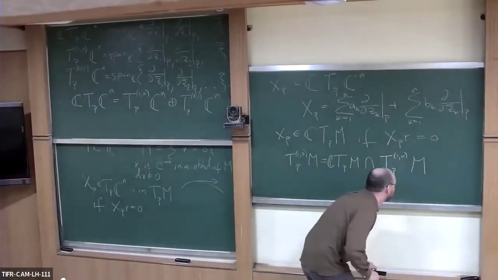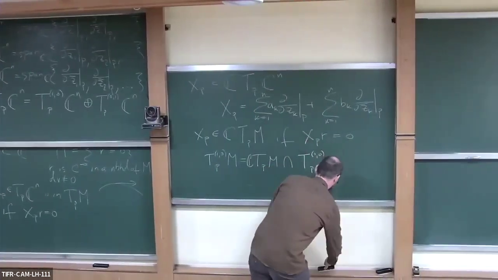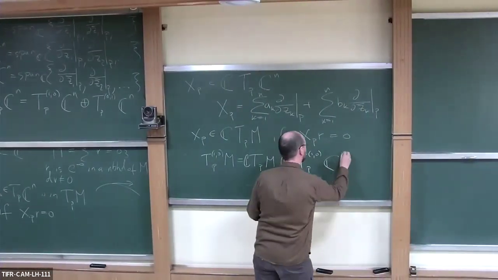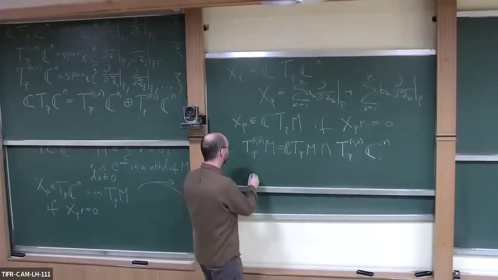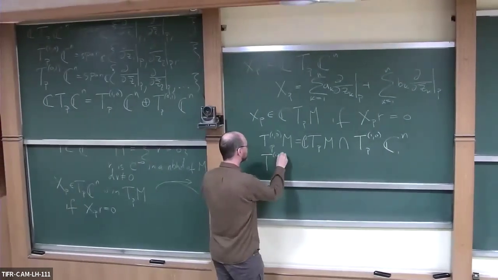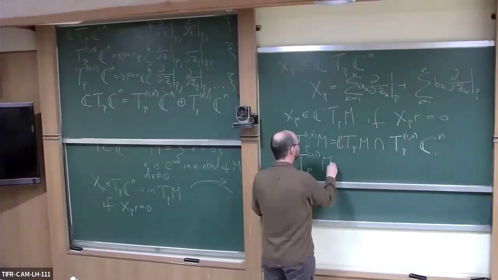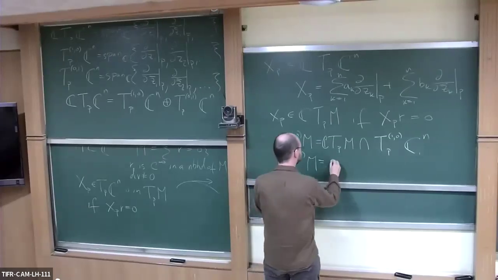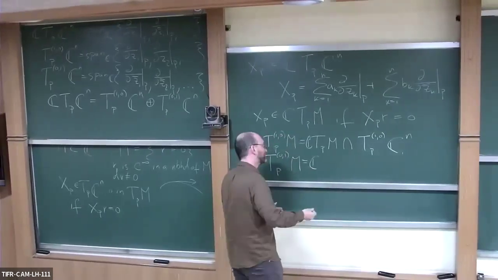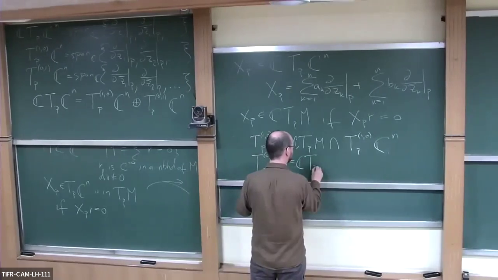And I can do the same thing with the T^{0,1}. Again, everything is always symmetric here, so nothing should be different for the bars than for the non-bars.